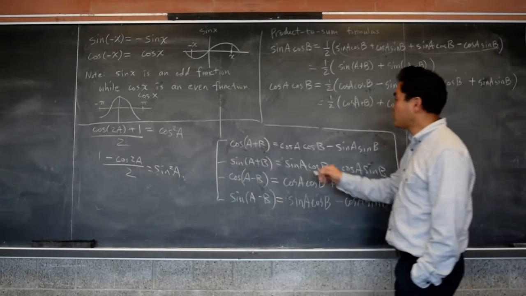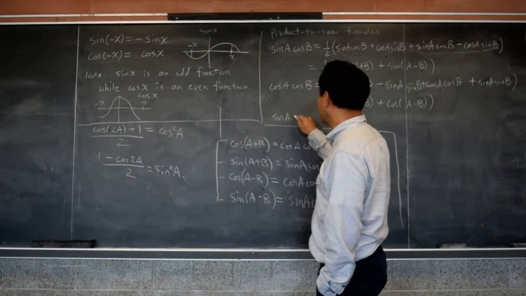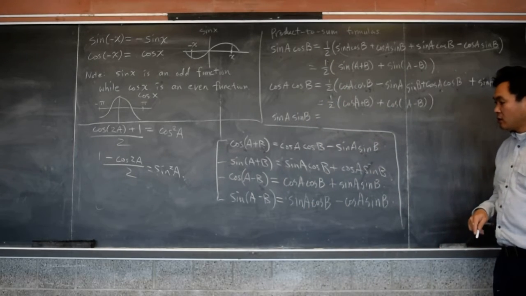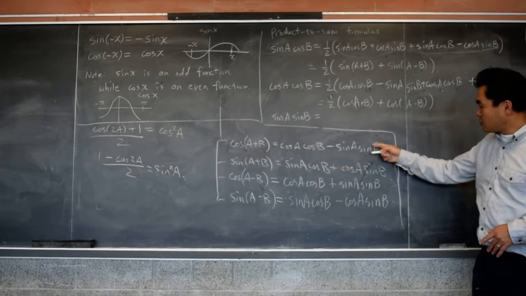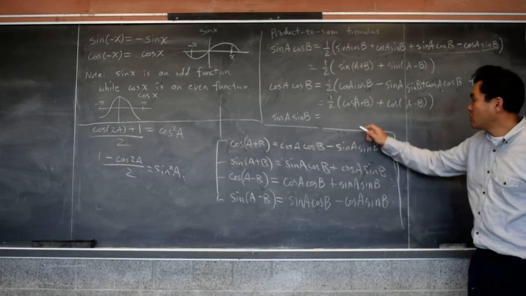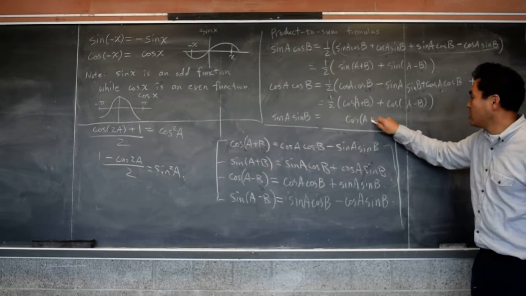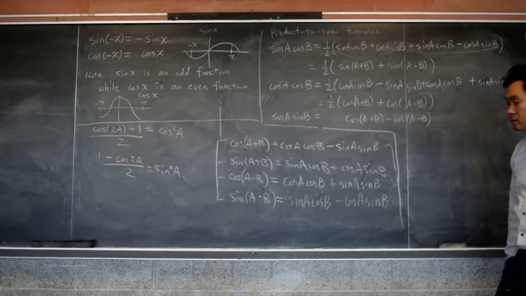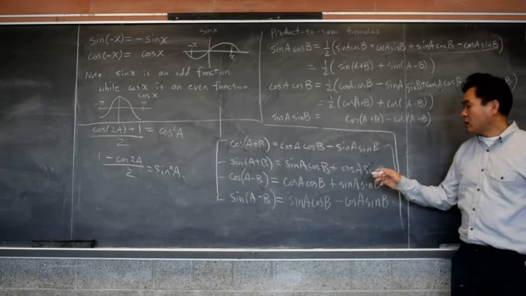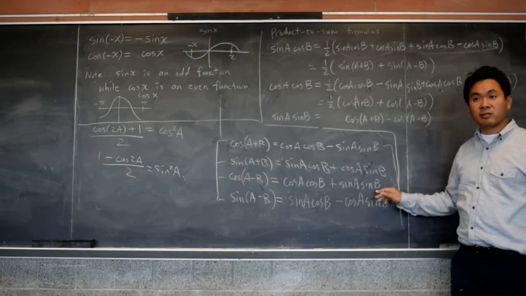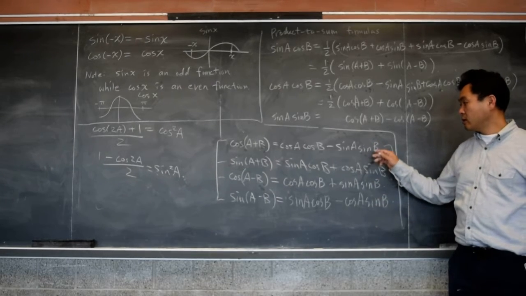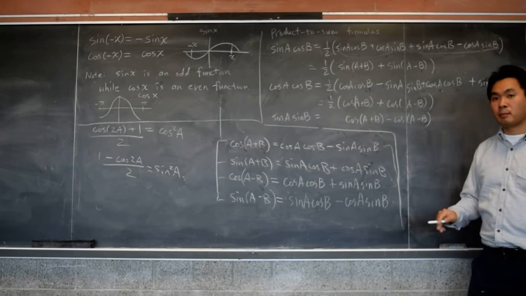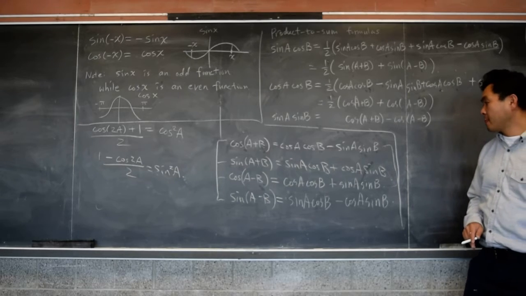Okay, furthermore, you can do sine A sine B. Actually, this is slightly more complicated. What you want to do is this minus this: cosine of A plus B minus cosine of A minus B. Now, if you do that, what do you get if you do this minus this? 0.